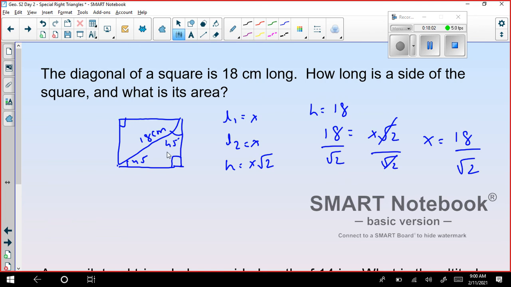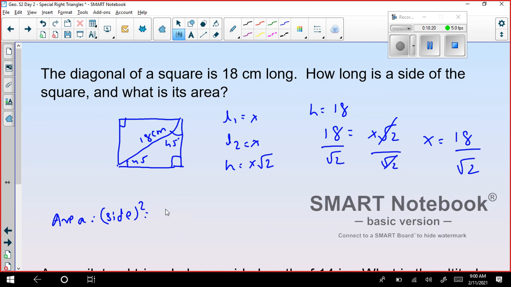Okay. I have this particular side, each side is 18 over root 2 units. Okay, and we can find the area by squaring. Area equals side square in case of the square.